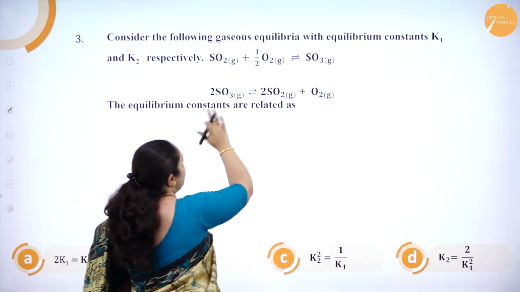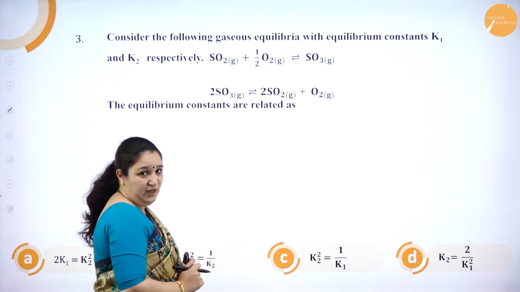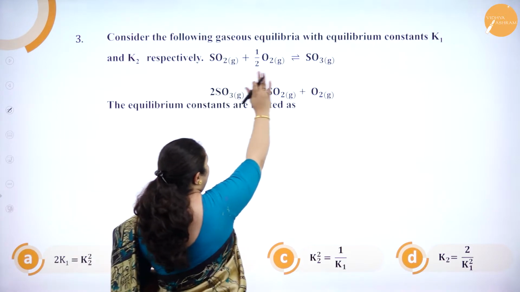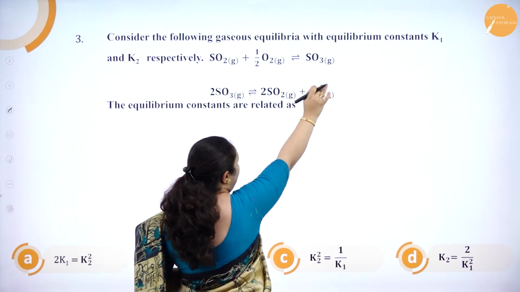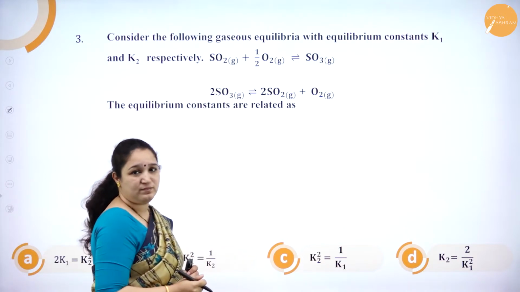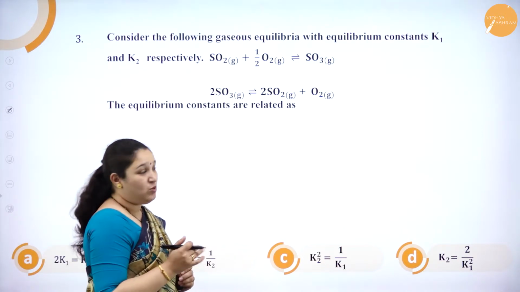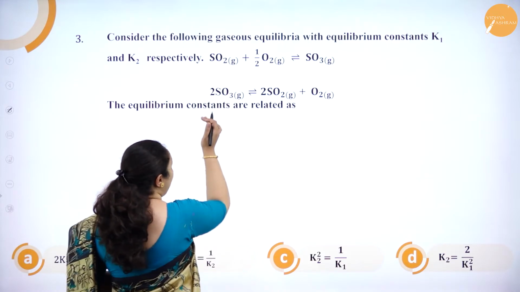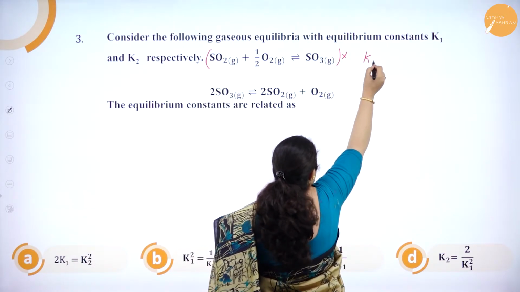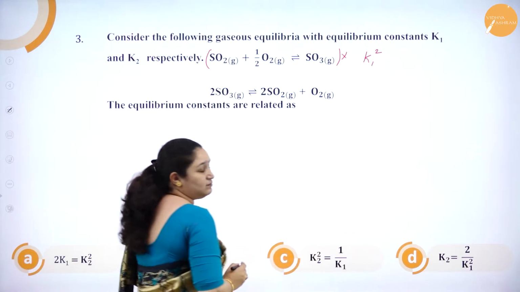So first equation and second equation, if you see, if I take the first equation, multiply by 2 and then reverse it, I'll get the second equation. Am I right? So first I am multiplying by 2. So K1 will become square.